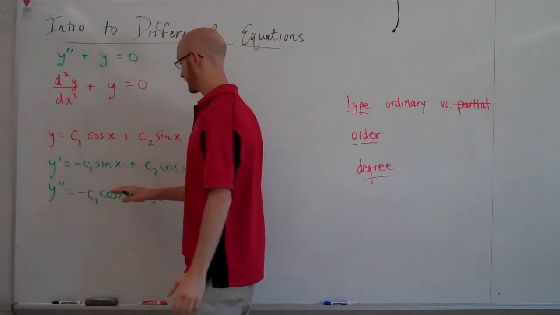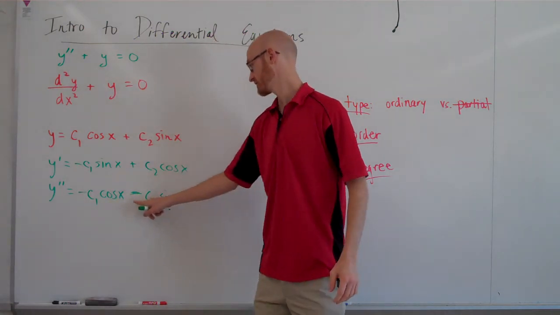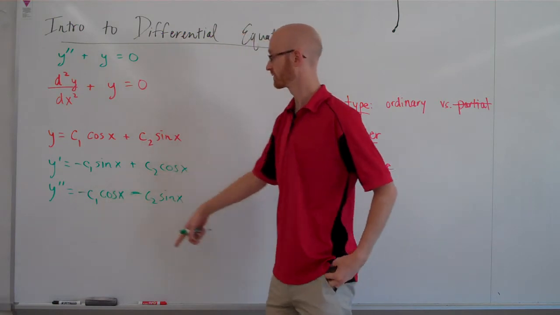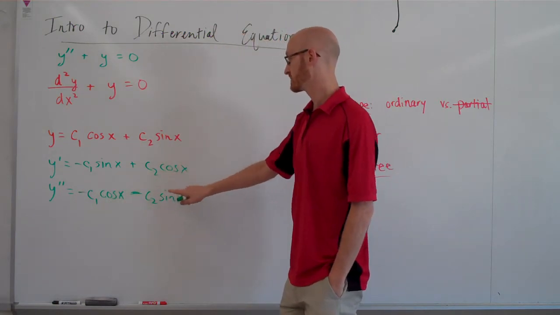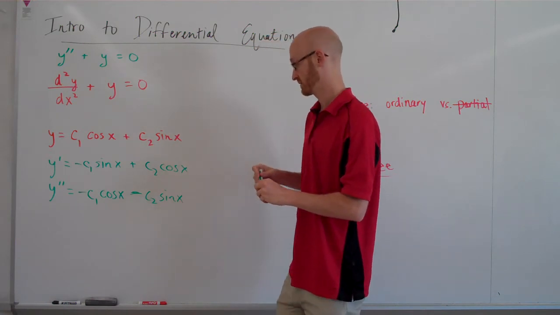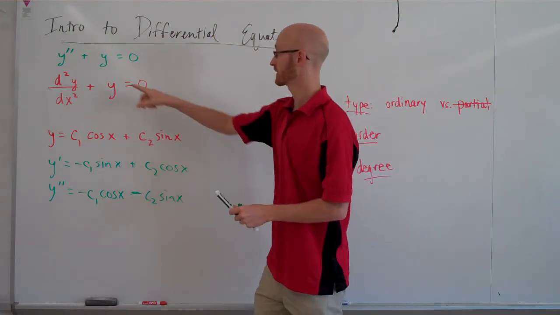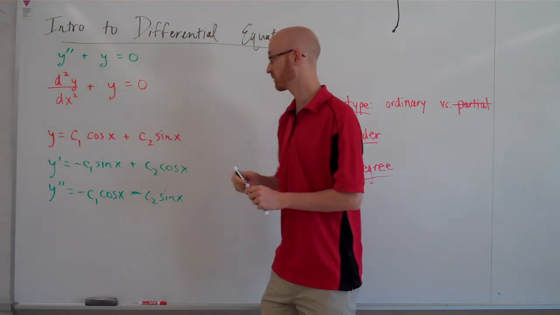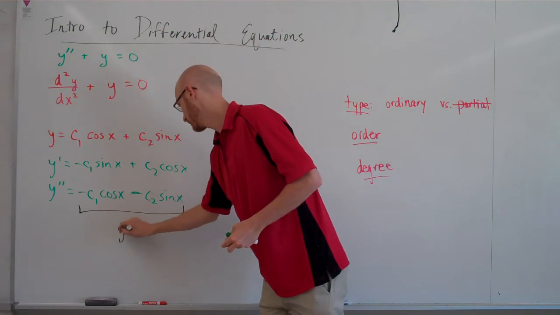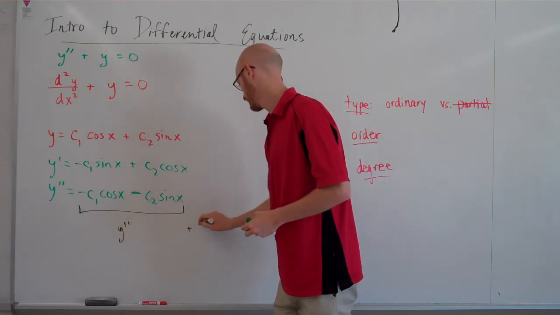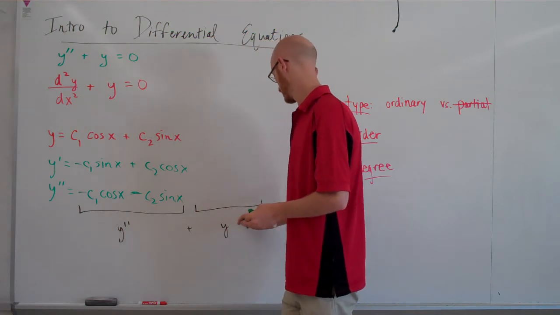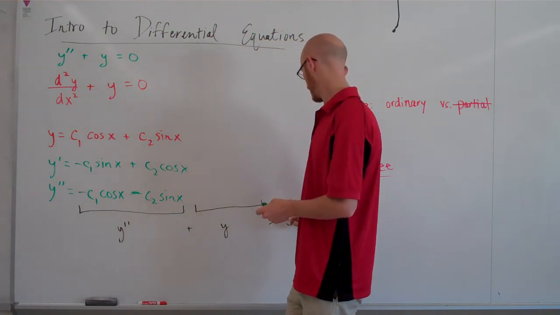And now if we take that, remembering that these are just some constant values, whatever they are, they could be positive, negative, whatever. And if we take those values and add y to it, if you look at the original, it says y double prime plus y. So this is y double prime plus, I'm going to put y right there. And the claim is that that equals 0.